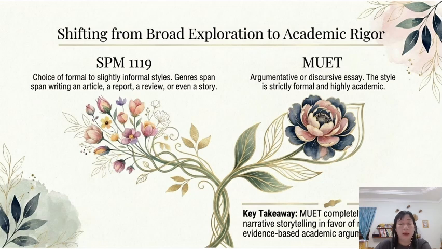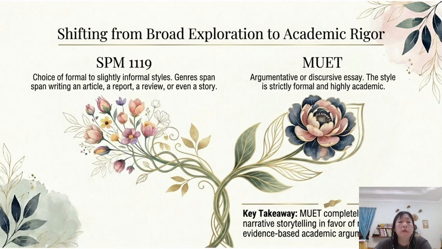Let's take a look at the differences now. Students often complain when they move on to MUET Task 2, it is a whole new picture. The reason lies strictly behind the fact that in SPM 1119 paper, students are more tuned towards formal or slightly informal style.